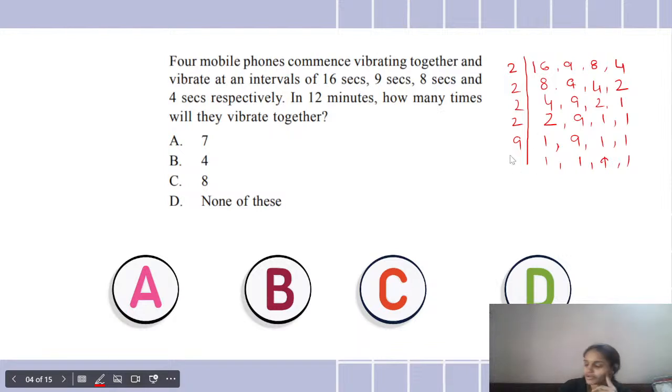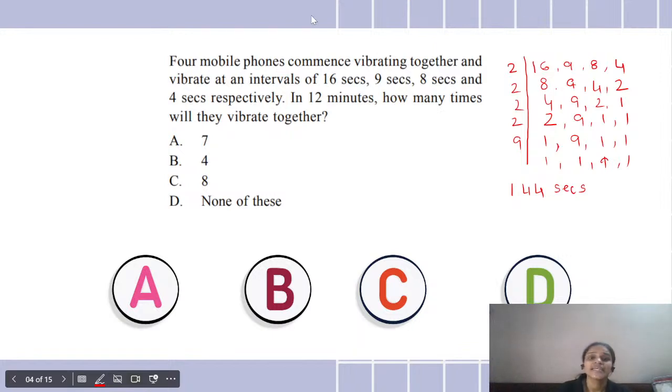So when we multiply all of these, what do we get? Yes, everybody is giving me the answer D. So let's check. I get at 144 seconds, okay, at 144 seconds, they all vibrate together.